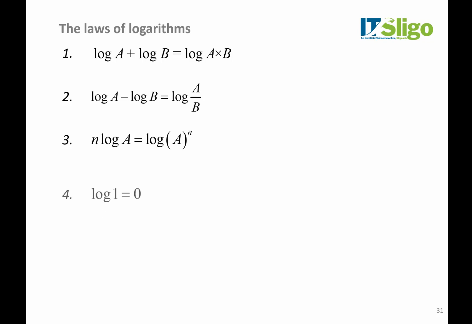Now there's two other rules. The log of 1 is 0. And similarly, the log base a of a is 1, because that would be a to the power of 1.